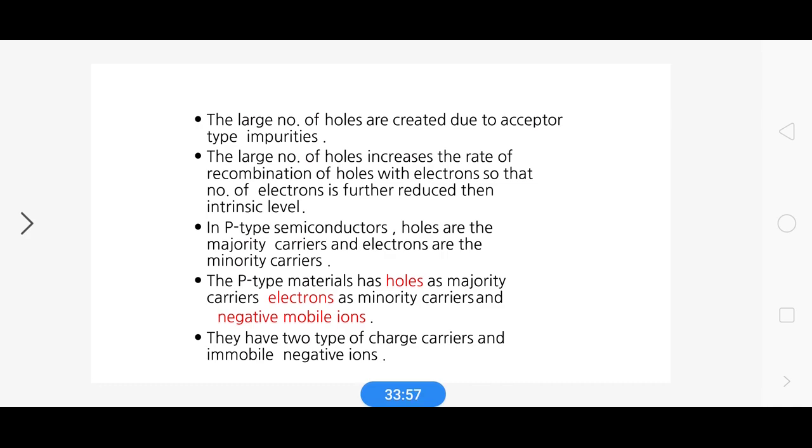So this is always the acceptor type impurity. So in a p-type semiconductor, the majority carriers are holes, the minority charge carriers are electrons, and there will be immobile negative ions also.